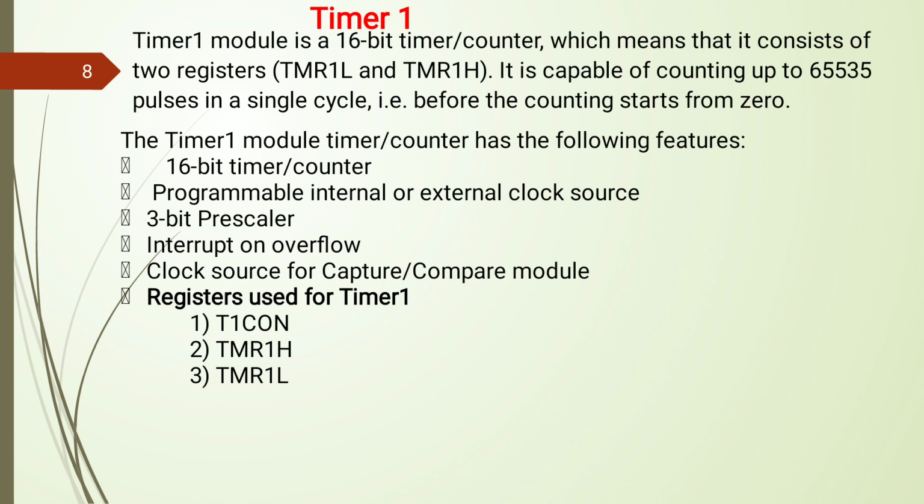Timer 1 is used as a clock source by using capture and compare mode, and the registers used for timer 1 are T1CON, that is the timer 1 control register, TMR1H higher byte and TMR1L lower byte. So these are the registers.